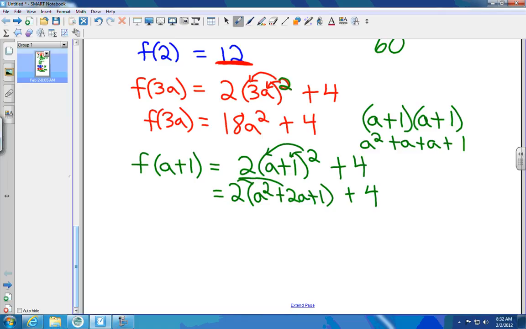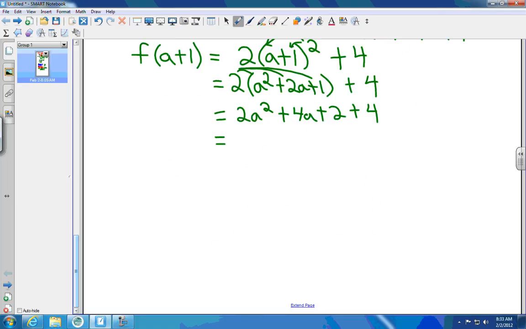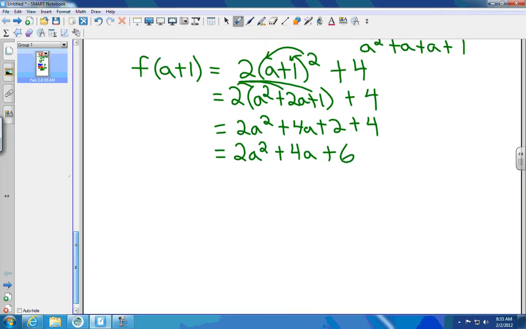Now this is multiplying the 2 in. So we got 2a squared plus 4a plus 2 plus 4. Can we combine there? So we have 2a squared plus 4a plus 6. No like terms left. That's as simplified as it gets.